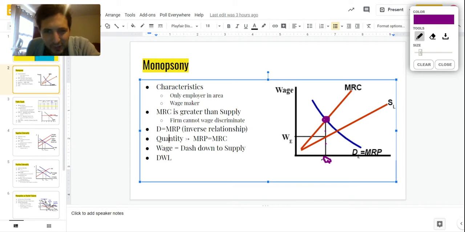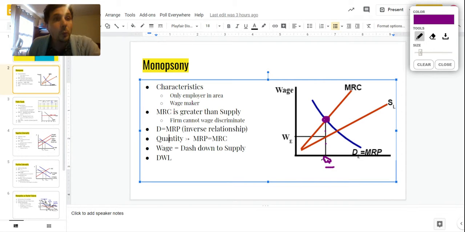We know that's going to be the quantity because at this point, the additional revenue I get from hiring the worker is equal to the additional cost. At every point before this, the additional revenue is greater than the additional cost. At any point after this, the additional cost is greater than the additional revenue. So I'm actually going to lose profitability if I hire a worker higher than Q.